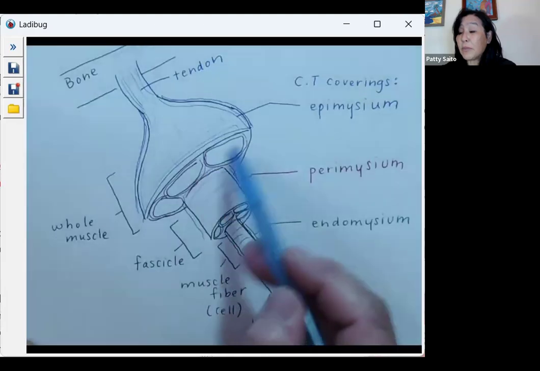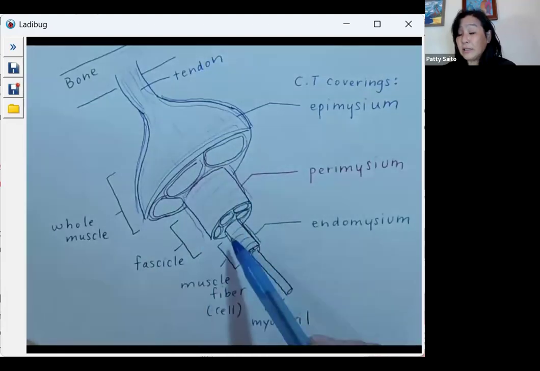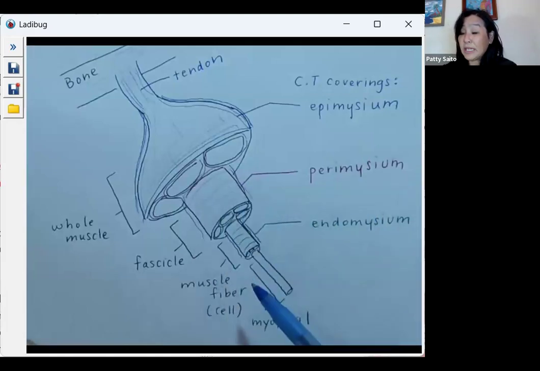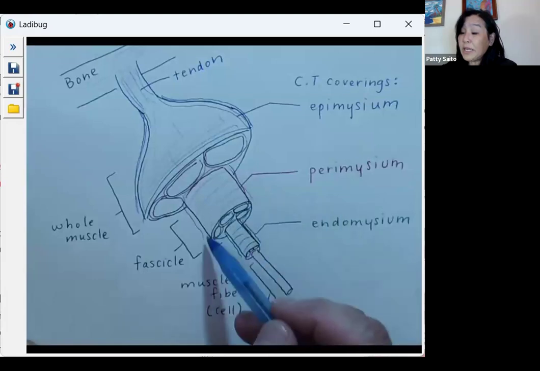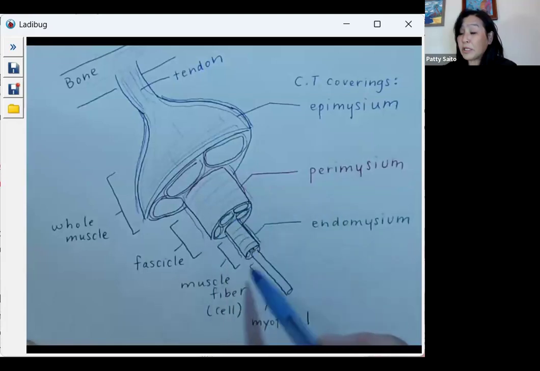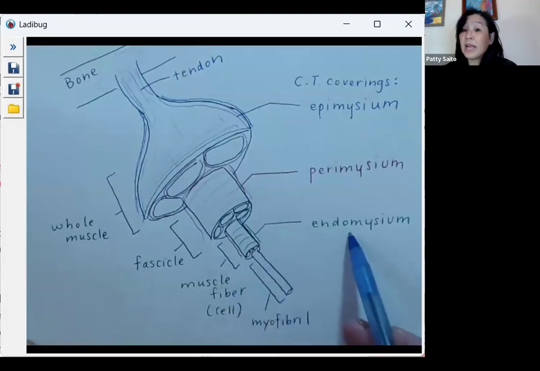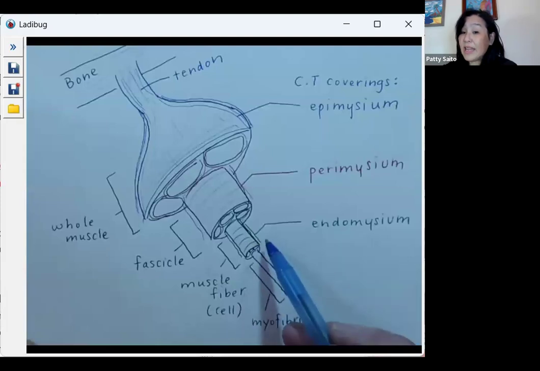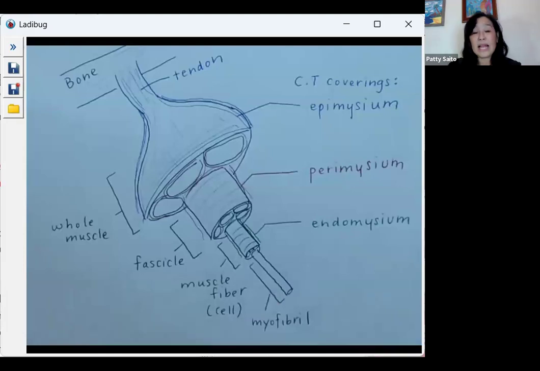The whole muscle is made up of small units called fascicles, and each fascicle is surrounded by another connective tissue covering, the perimysium. Each fascicle is made up of smaller subunits called muscle fibers or cells, and each muscle fiber is surrounded by connective tissue covering called the endomysium. And then within each muscle fiber, we have smaller units called myofibrils. All right, and now we're going to take a look at the, well, actually, let's go back.